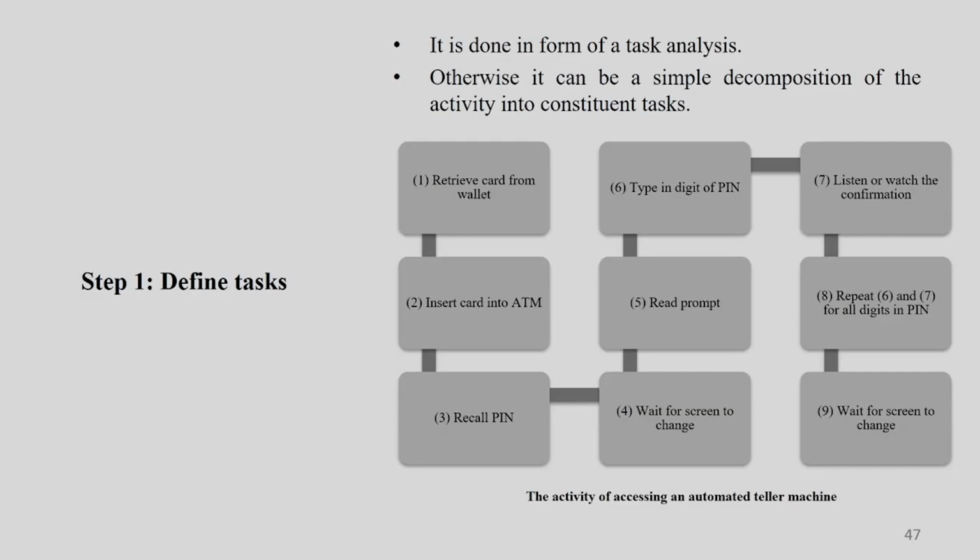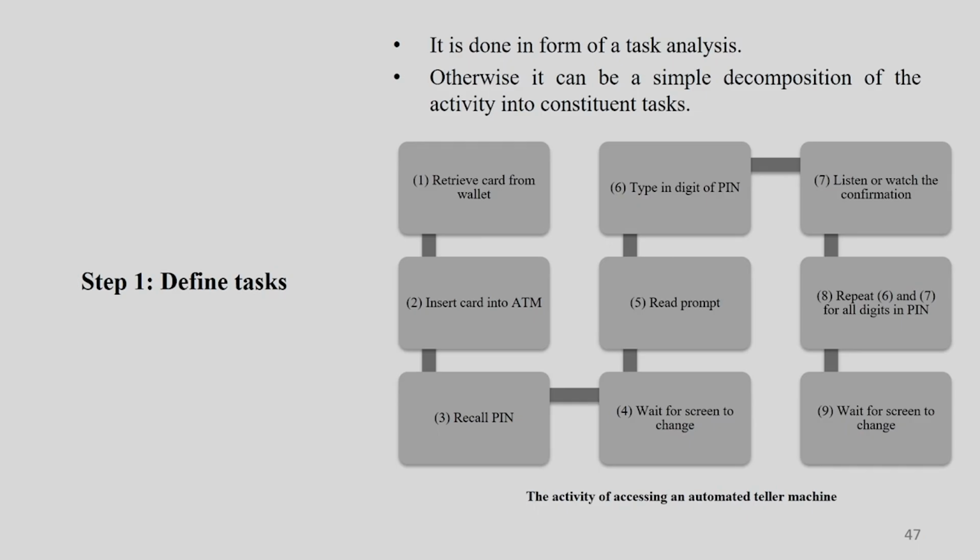You retrieve that card from the wallet and insert it into the ATM machine. This way we are decomposing the whole task. Then recall the pin, because you have to give the pin to the ATM. Then wait for the screen to change, because once you give an input to the machine, it will give an output. So there is a pause, a time lapse.